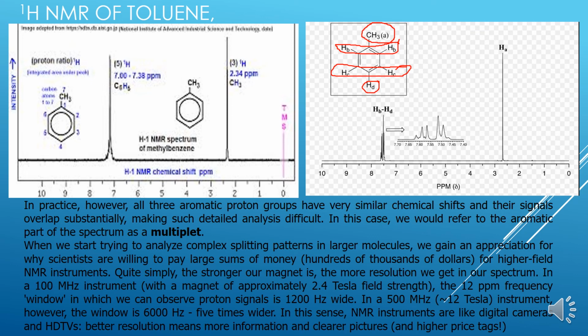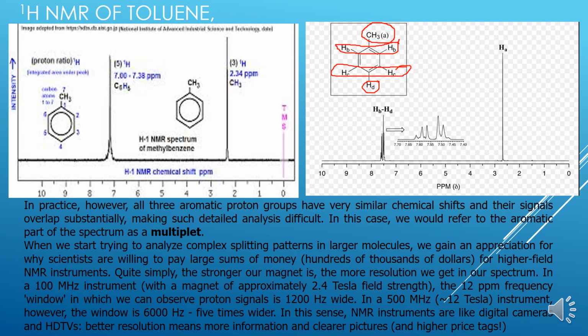They are labeled as 2 equals 6, 3 equals 5, and 4. The methyl protons are labeled as A.